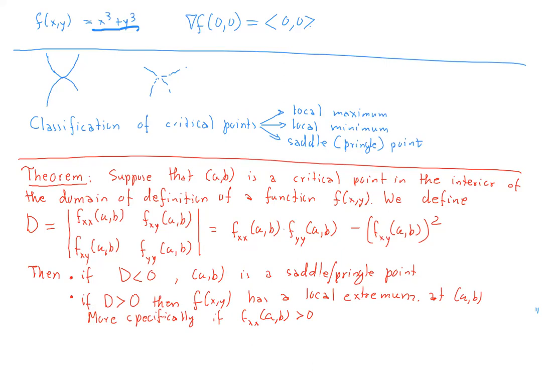So more specifically, if f sub xx of AB is greater than 0, then AB is a local minimum. And if fxx at AB is less than 0, then AB is a local maximum.